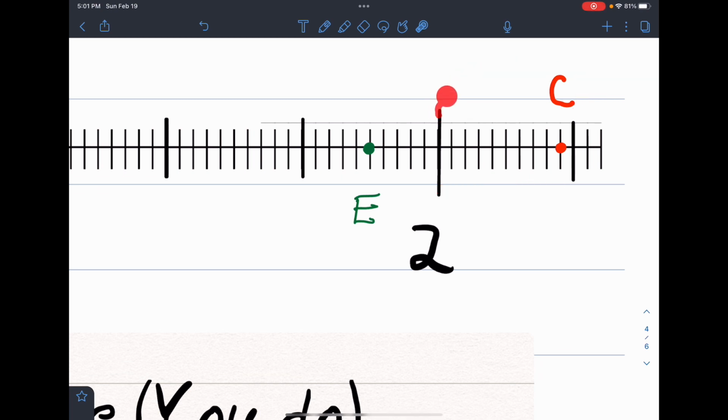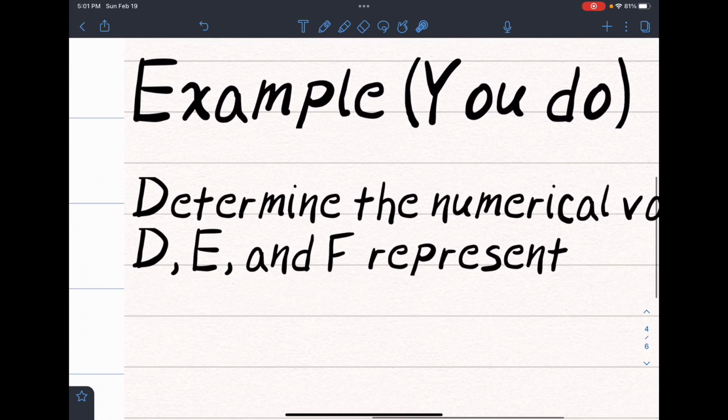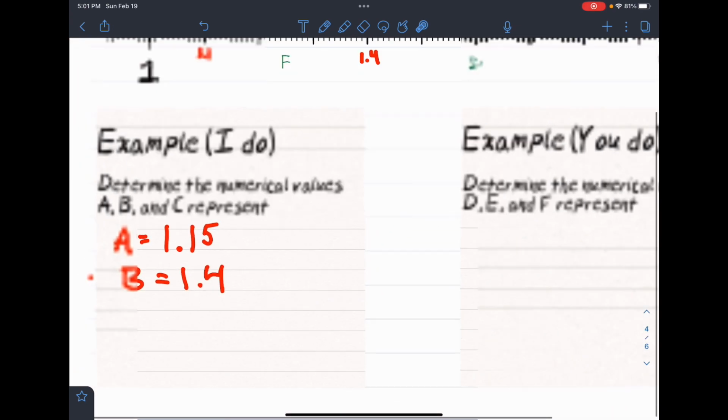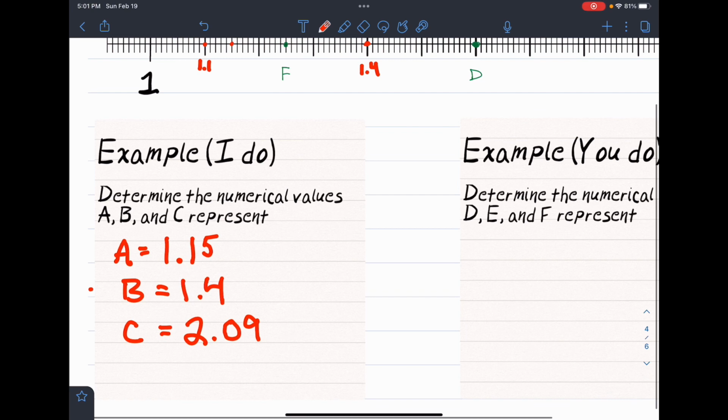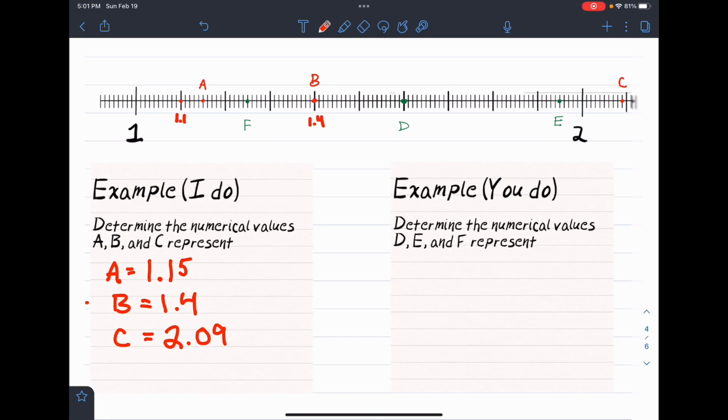So all we have to do is count the hundredths. 1, 2, 3, 4, 5, 6, 7, 8, 9. So there's 9 1/100ths. So C, let's just zoom out here. We can write C as 2, where 2 was the whole part, and there were only 9 1/100ths. There were no tenths that we could write down. So there we go. There's how we can represent A, B, and C as decimals.